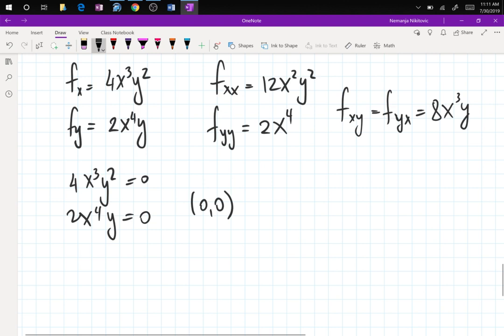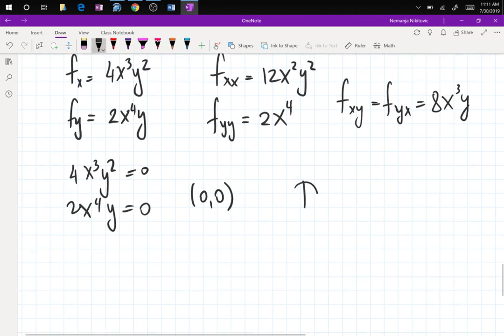No other point would fit as a critical point. So now, what do we do? Well, we compute our D, but the D at (0, 0) is just going to be also 0. So the test is inconclusive.